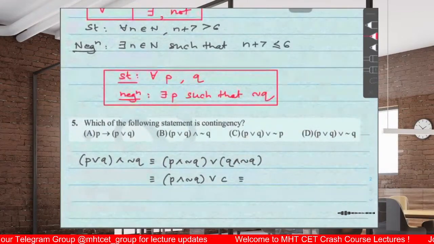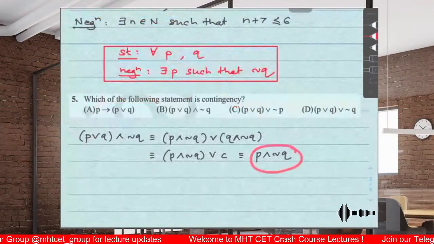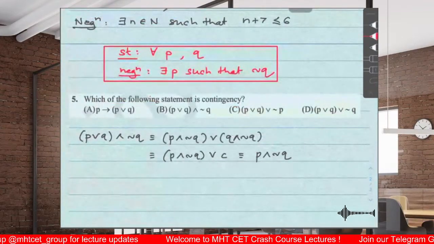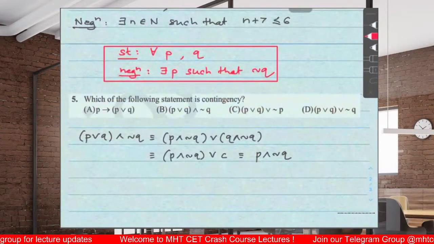Anything or contradiction is P and not Q. ठीक है, और ये तुम लोग को पता है कि P and not Q का जो टेबल रहेगा, it will contain true as well as false values, so it is contingency.